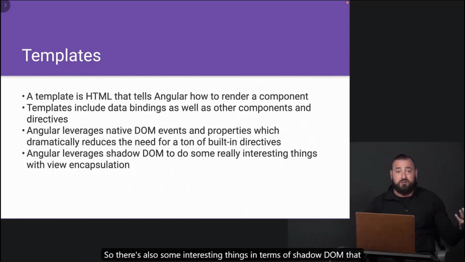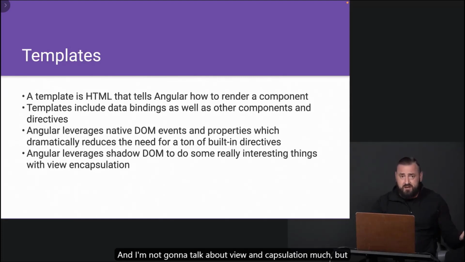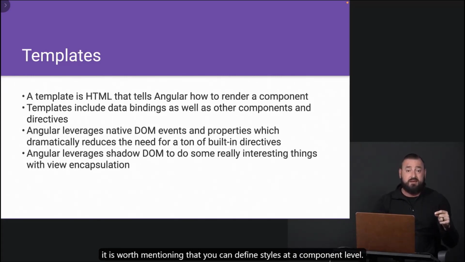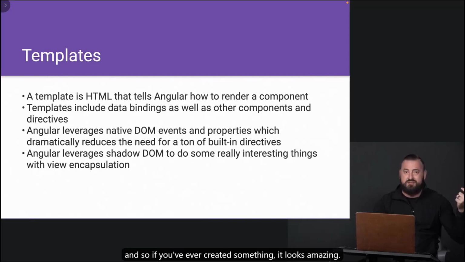There are also some interesting things in terms of shadow DOM that Angular leverages that allows you to do per component styling. I'm not going to talk about view encapsulation much, but it is worth mentioning that you can define styles at a component level. The problem with CSS is the C stands for cascading.